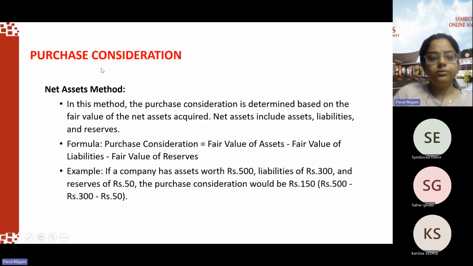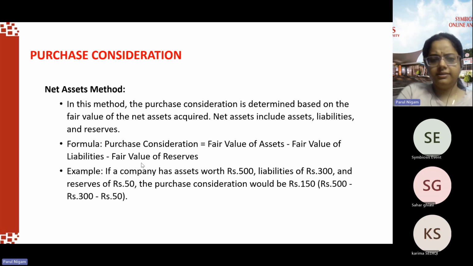Fine. So when you are giving this purchase consideration, it can be in any form. It can be in cash, it can be in the form of equity shares, preference shares, debentures, or it can be a combination of the above. For example, if the purchase consideration is 50 lakh, some 25 lakh is paid in cash, some 10 lakh is paid in equity shares, and the remaining is paid in the form of debentures.